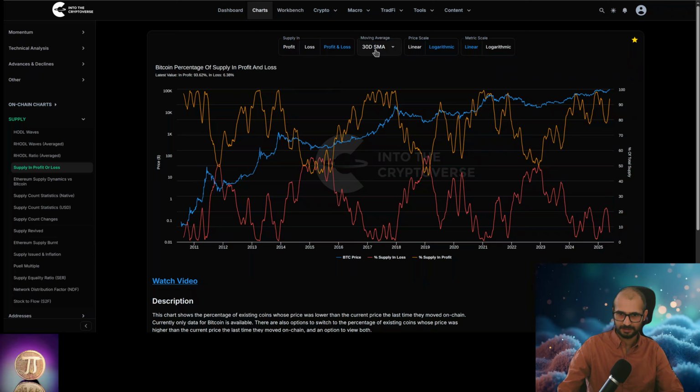Here I applied a 30-day moving average to the chart, and we see that during this period we had bottom of Bitcoin in 2019, and here they were very close in 2023, and here as well the chart gives a pretty reasonable time period where the bottom was there.